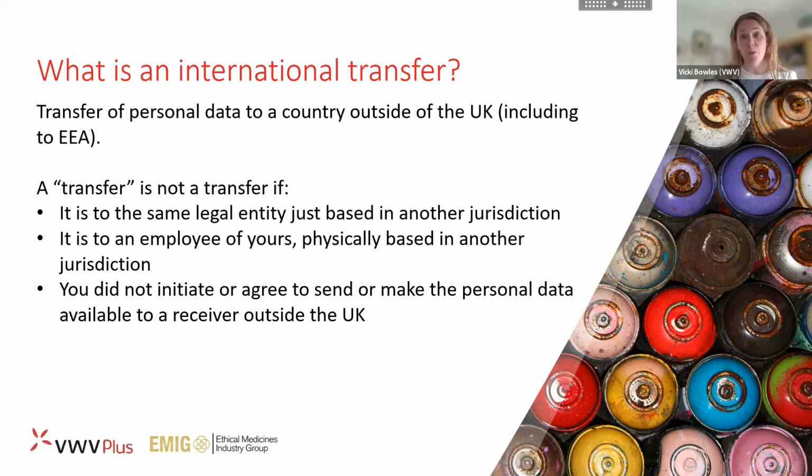So then if you make a transfer to any country outside of the UK, I'm going to use Australia because they're not subject to an adequacy decision, as you'll learn later. Let's say your physical headquarters is in Australia, but you are running a trial that's using participants based purely in the UK, because that's the pool of people that you want to use.